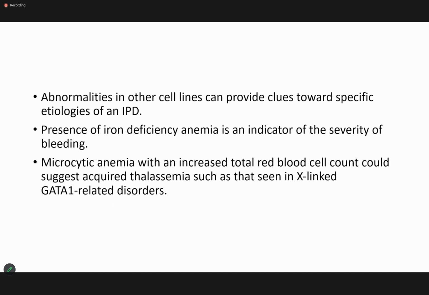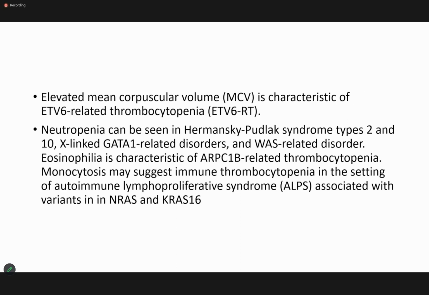bleeding. Okay, some patients with microcytic anemia with an increased total red blood cell count could suggest acquired thalassemia in case of normal baseline, and maybe can be seen in X-linked GATA1-related disorders. Okay. Some of the cases, for example ETV6-related thrombocytopenia, have an elevated MCV.